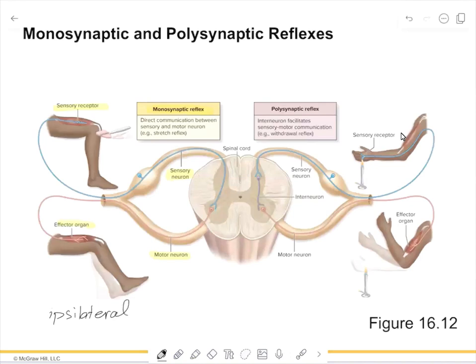In the example of another reflex, this one's a bit more complicated just because it has an interneuron. So therefore, it's called a polysynaptic reflex.